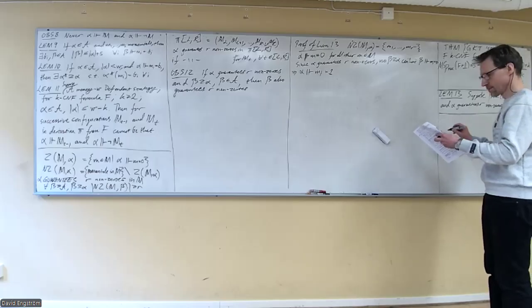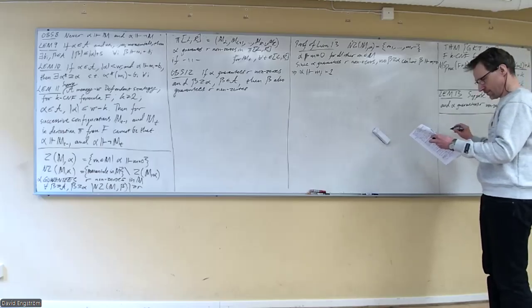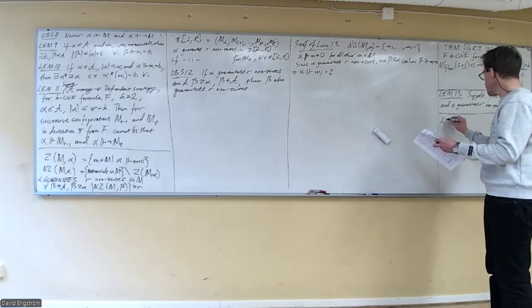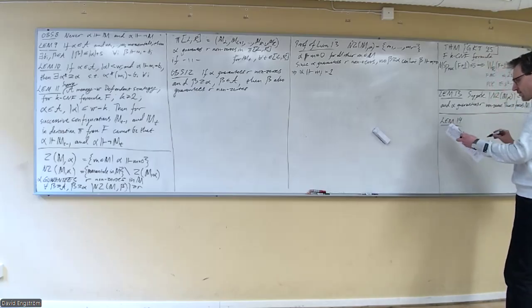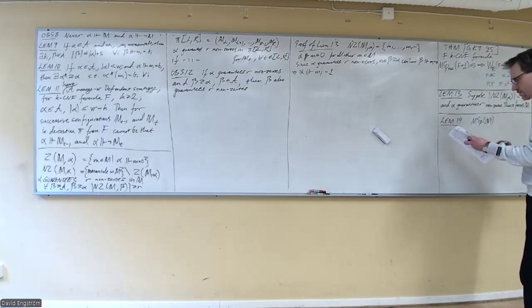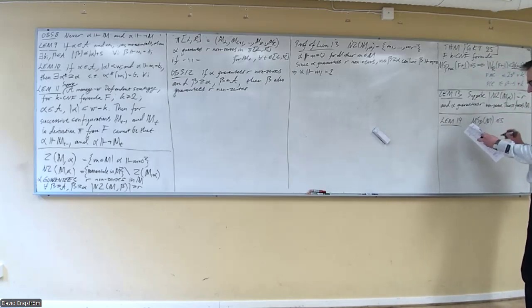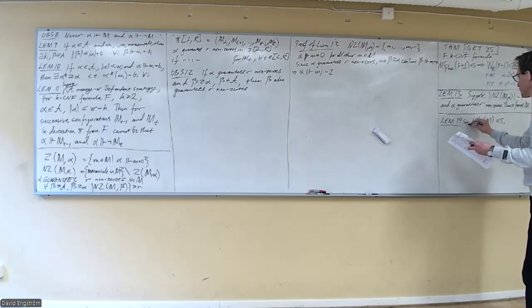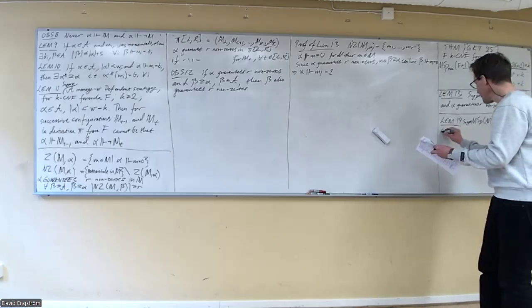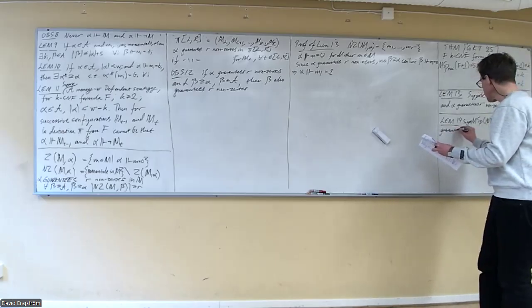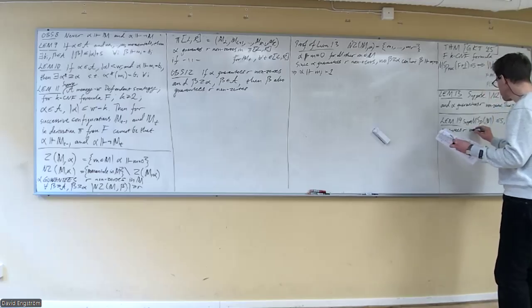Okay. So the next lemma tells us that suppose now that the monomial space of M is at most S, and suppose alpha in A guarantees r non-zeros.